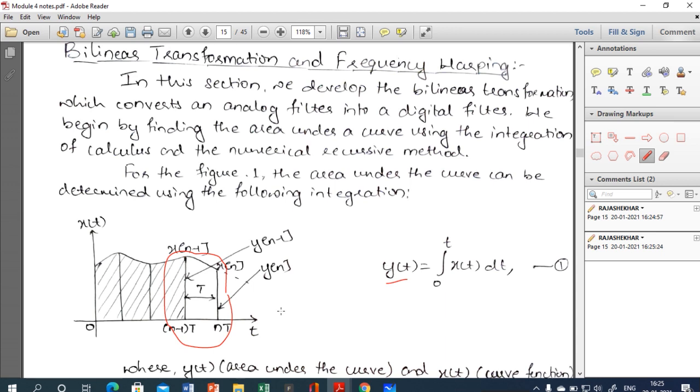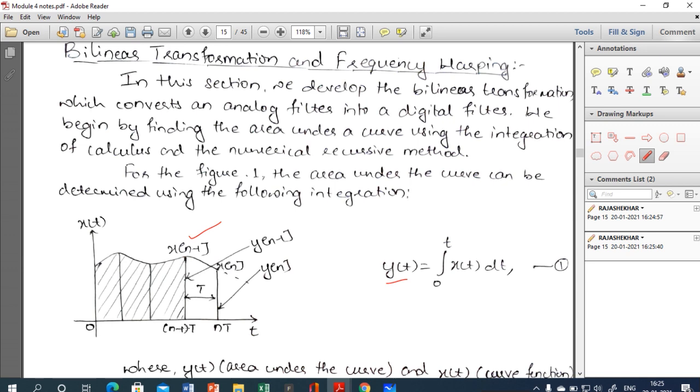So here we have considered only this sample. It is divided so that the first sample starts with nT, which I call x of n. The second sample, which is shown here, is called x of n minus 1. We call it reverse engineering.